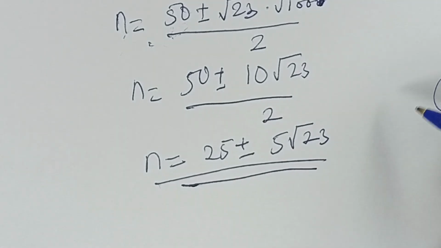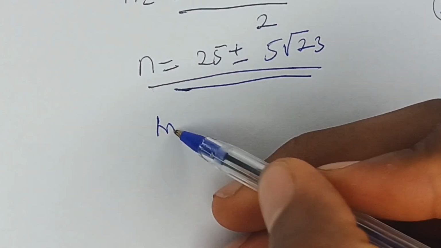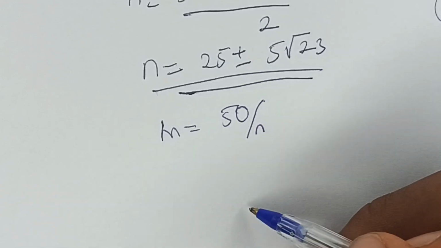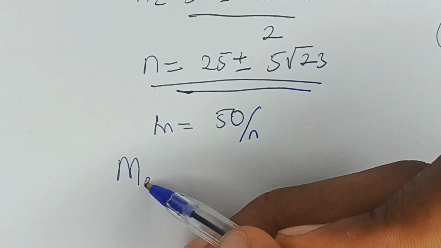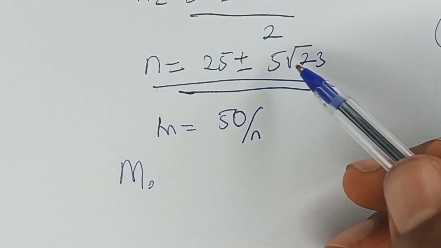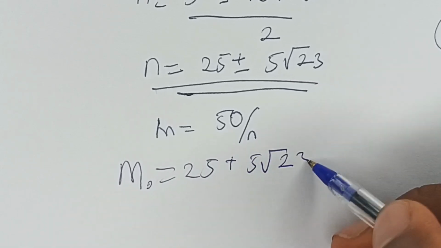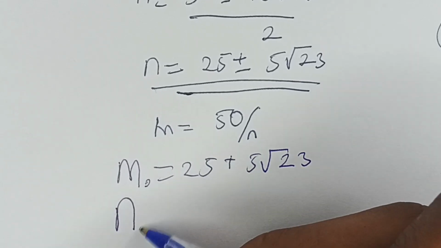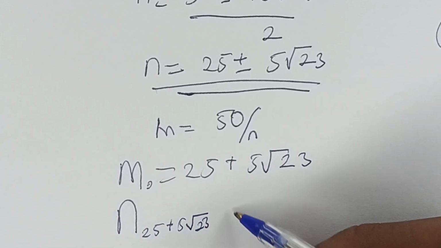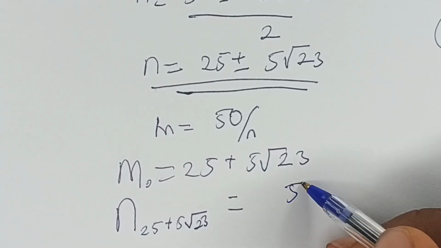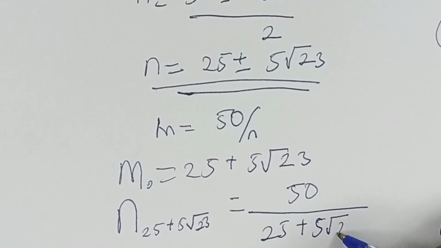Now let's find the two answers for m. Recall from equation 2 that m is equal to 50 over n. Now, when n is equal to 25 plus 5 root 23, we can write it like this: substituting n as 25 plus 5 root 23, for m we now have that this will be equal to 50 divided by 25 plus 5 root 23.